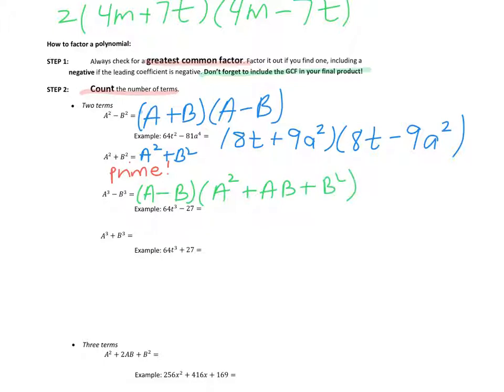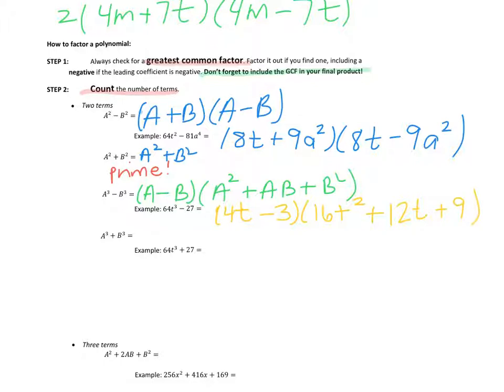And so for this example, 64t cubed minus 27, let's see, 4t is your a, 3 is your b, and then we square our a, multiply 4t times 3, and then square the 3.